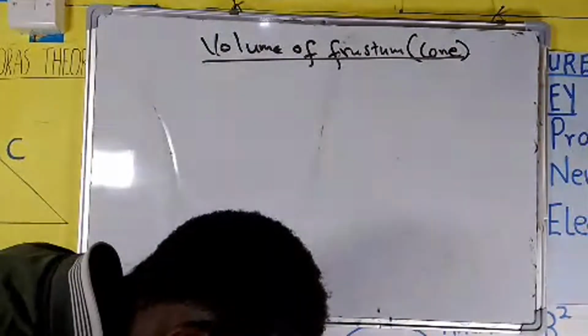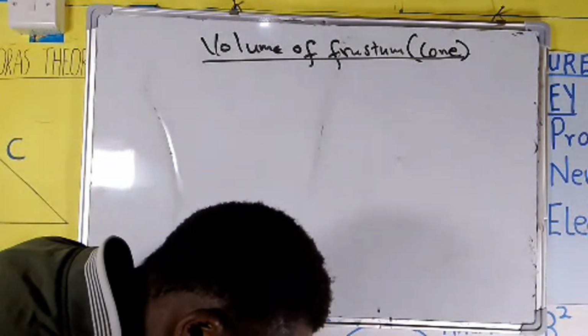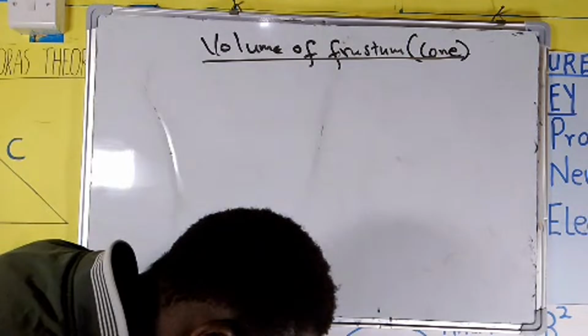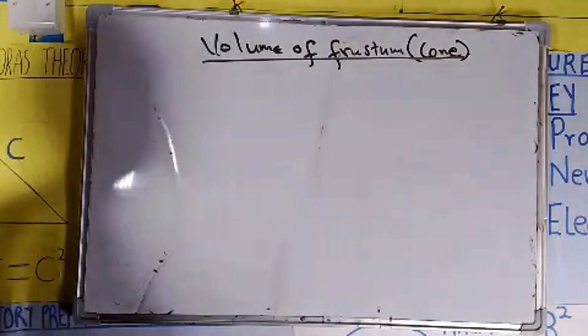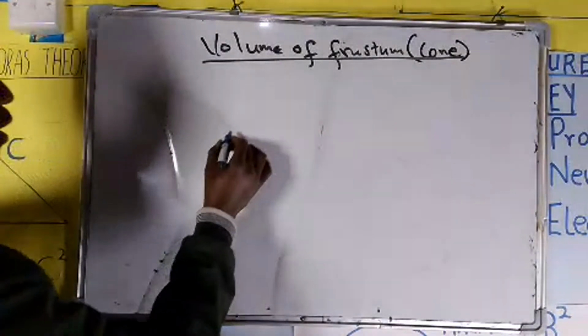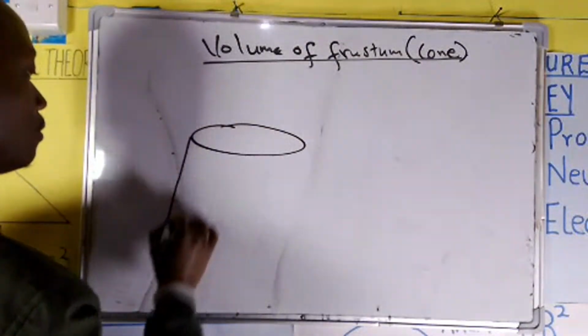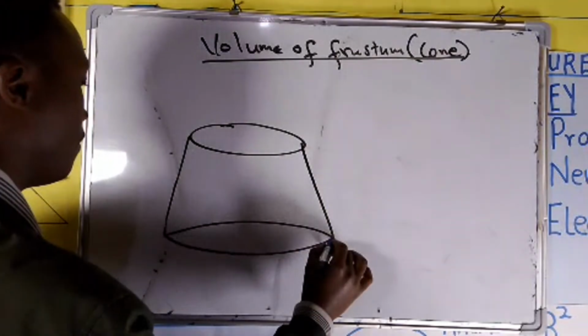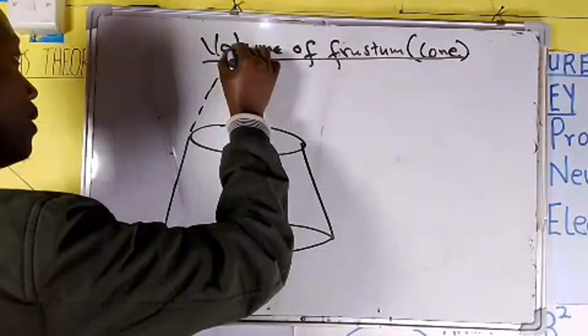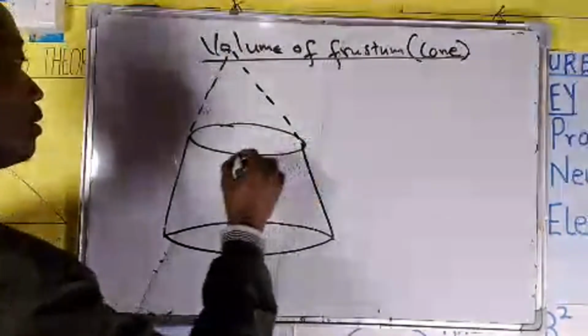Haya, how do we find the volume of a frustum of a cone? That is the shape of the frustum of a cone with a cut section at the top.